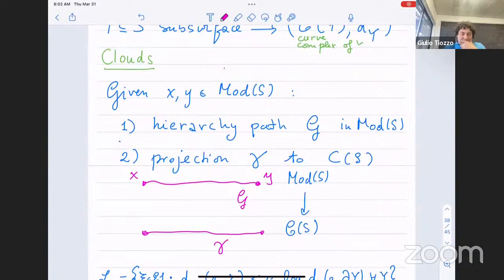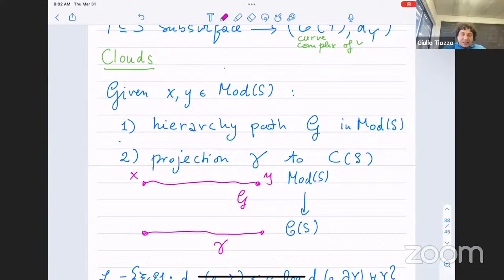By the theory of Masur-Minsky, we can always pick a hierarchy path. So it's a particular choice of quasi-geodesic that somewhat doesn't backtrack too much. And then you can project this hierarchy path to the curve complex, and you also get some unparameterized quasi-geodesic.